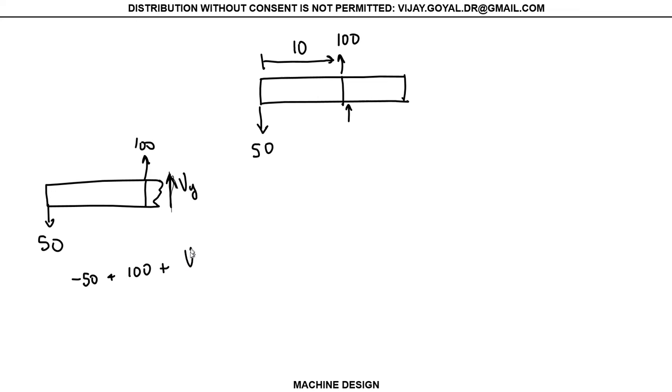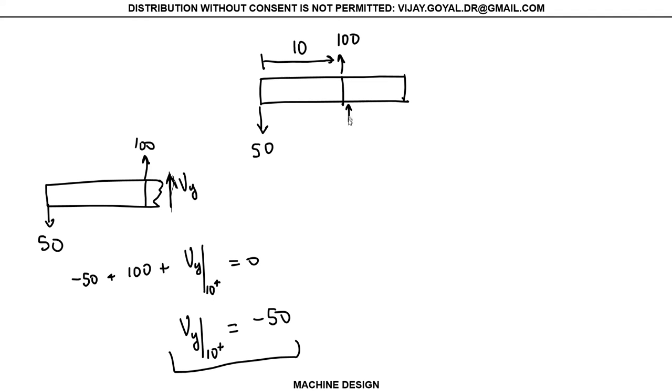So then you have Vy at 10 plus is equal to 0. So your Vy at 10 plus is going to be minus 50, right? If you take this as 50, bring it on the other side. So that is your initial starting point in this location.